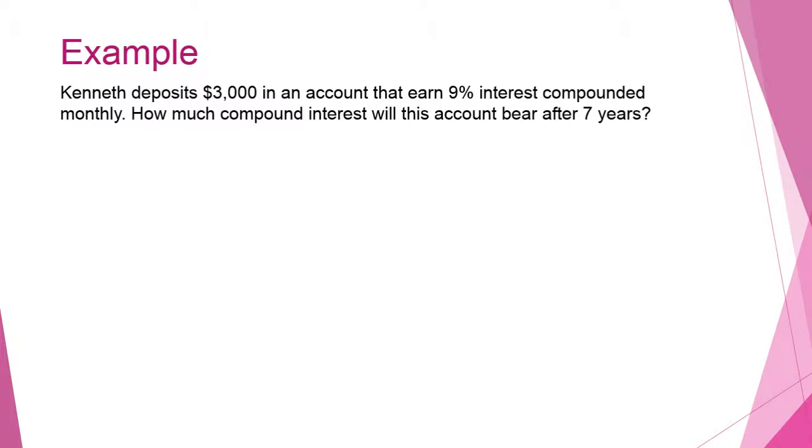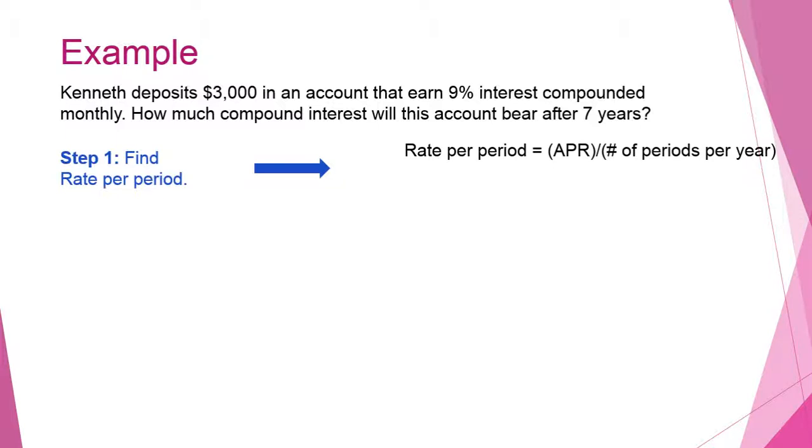So here's an example. Kenneth deposits $3,000 in an account that earns 9% interest compounded monthly. How much compound interest will this account bear after 7 years? So remember, first step, find rate per period. Rate per period is the APR, annual interest rate, divided by how many periods there are in a year.